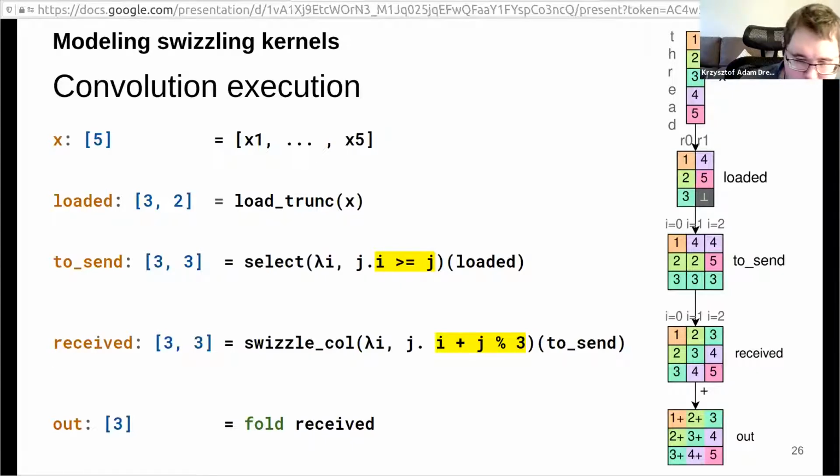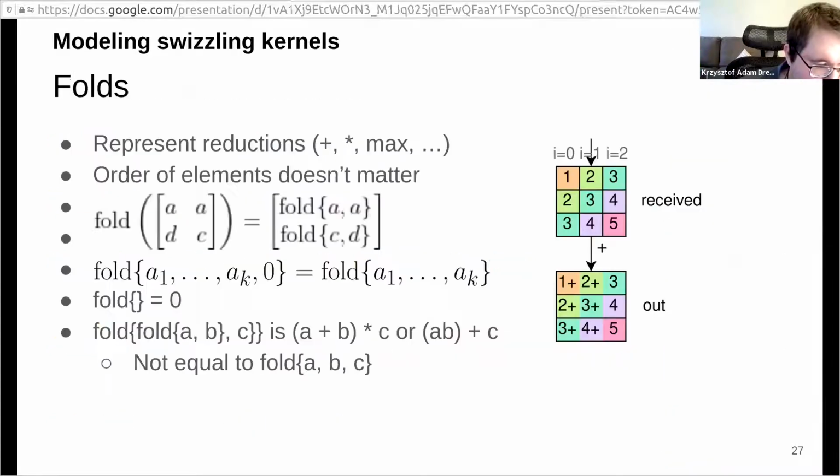And more formally and generally, these folds can represent any reduction that you need: addition, multiplication, maximum, things like this, and anything that's associative and commutative and has an identity.